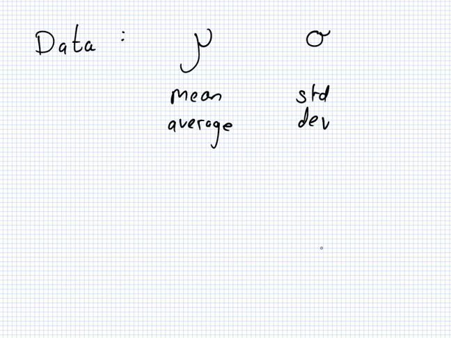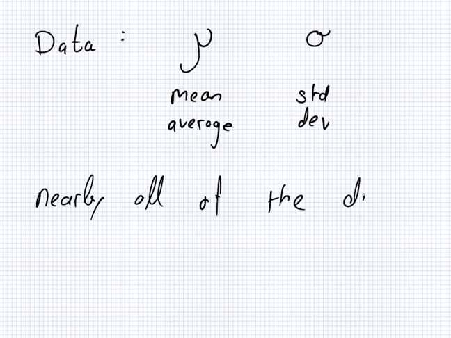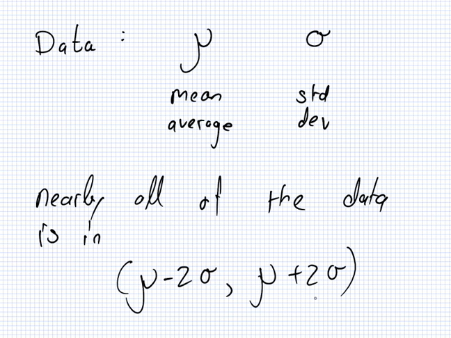So if you don't give me data, but you just tell me the average and the standard deviation, for example in this room you say the average height is 1.6 meters and the standard deviation is 0.1 meters, I can know that nearly all of the data is in this range.